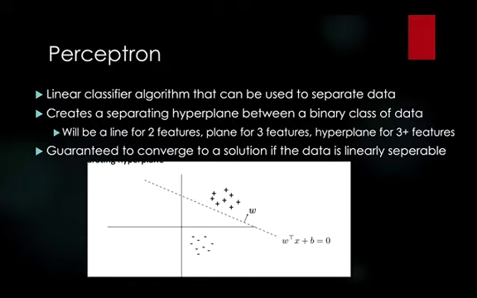Essentially, a linear classifier is just a way to separate data from each other, and it's a separating hyperplane between a binary class of data. One thing I'm doing in this workshop, and what you'll see in most machine learning classes, is that for the purpose of learning, we're dealing with graphs with two features. But when we're dealing with actual real world problems, there's going to be a lot more dimensions.